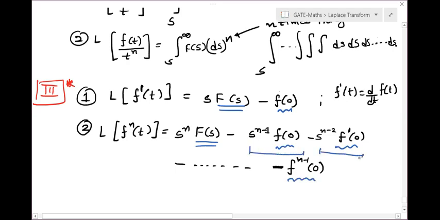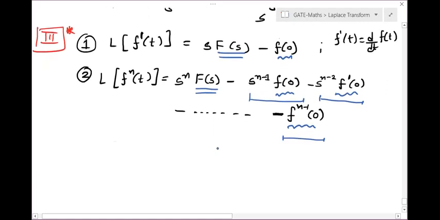If you find the power of all these terms, the total power of this term is n minus 1, and here it is only f of 0. We are not finding any differential of f of 0, so it is a 0th differential. N minus 1 plus 0 is n minus 1. Now here it is the first differential, n minus 2 plus 1, it is n minus 1. In the next term, it will be n minus 3, and here it will be the second differential. So n minus 3 plus 2, n minus 1. Here also n minus 1. So we have total power n minus 1 in each term.